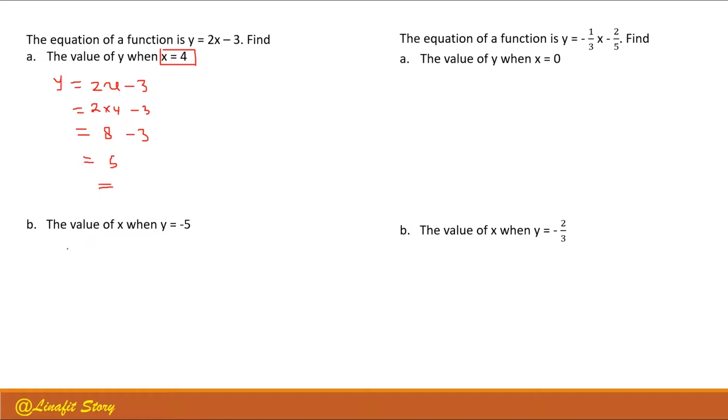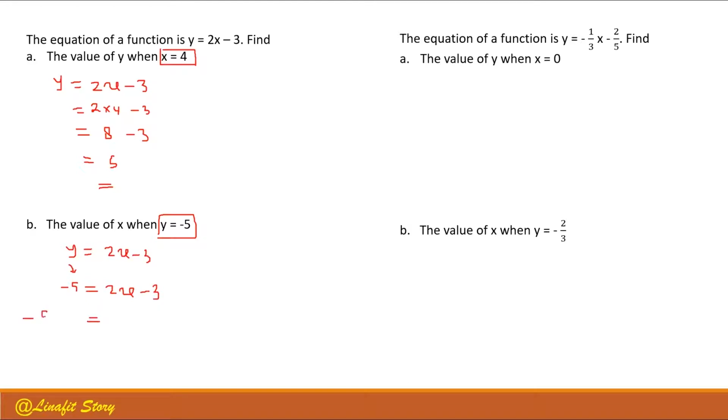Then b, we should write the equation first. y is 2x minus 3. Then substitute y with negative 5. Negative 5 is equal to 2x minus 3.